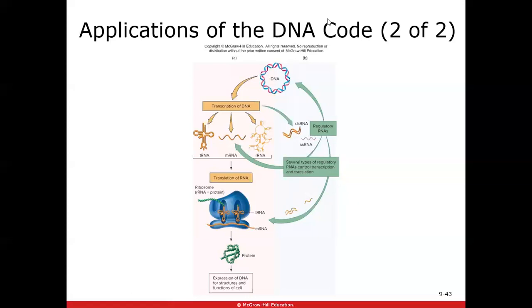So I want you to know the different types of RNAs that are produced. Messenger RNA will have codons. You have transfer RNAs, which will have anticodons. You have ribosomal RNAs, and then you have regulatory RNAs.